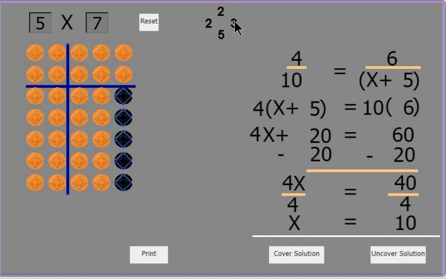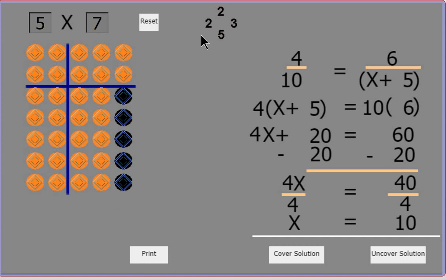From the right top, we have 2 times 3, which equals 6. At the left bottom, we have 2 times 5, which equals 10. And we have the right bottom, 3 times 5, which equals 15.